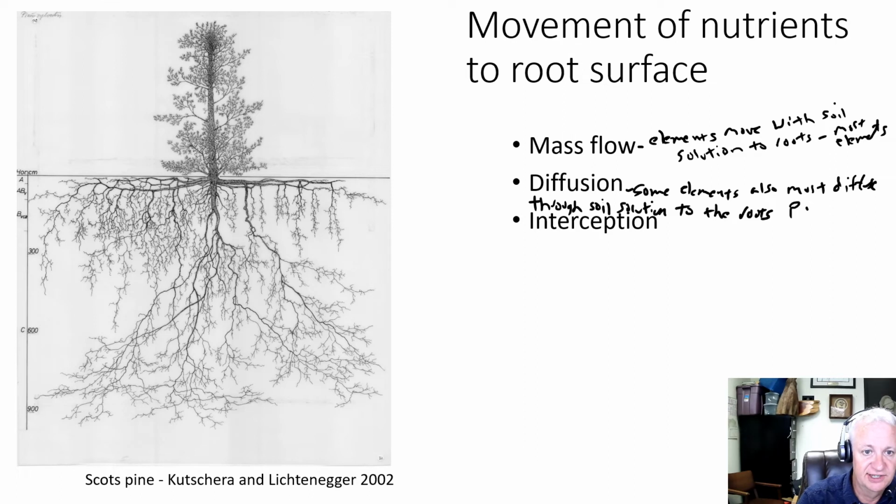So phosphorus and potassium, this is generally true that they require diffusion in addition to mass flow.